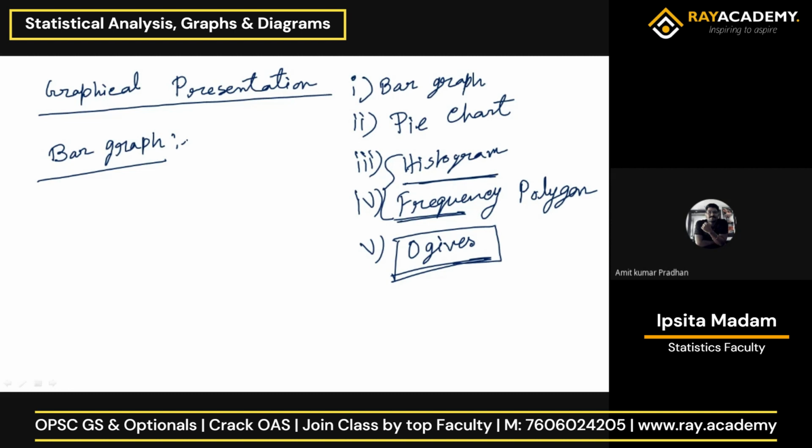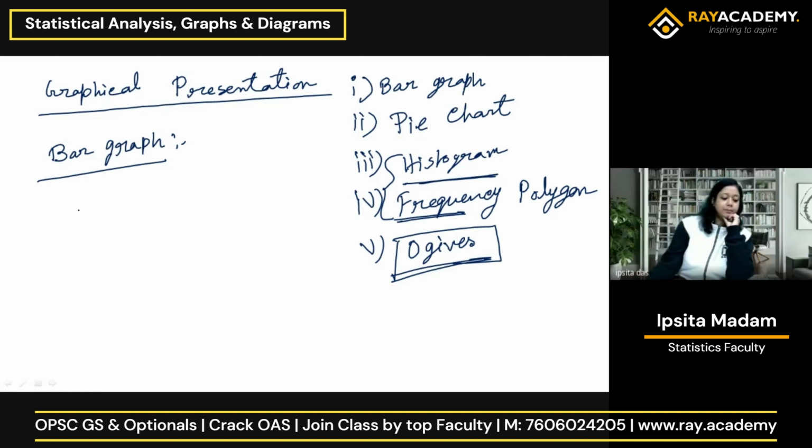If we overlap it, it becomes a histogram. On the x-axis we generally take the class interval, and on the y-axis its frequency. A bar graph is a representation of any type of data by rectangles of uniform width, and the length of each rectangle is proportional to the value it represents.